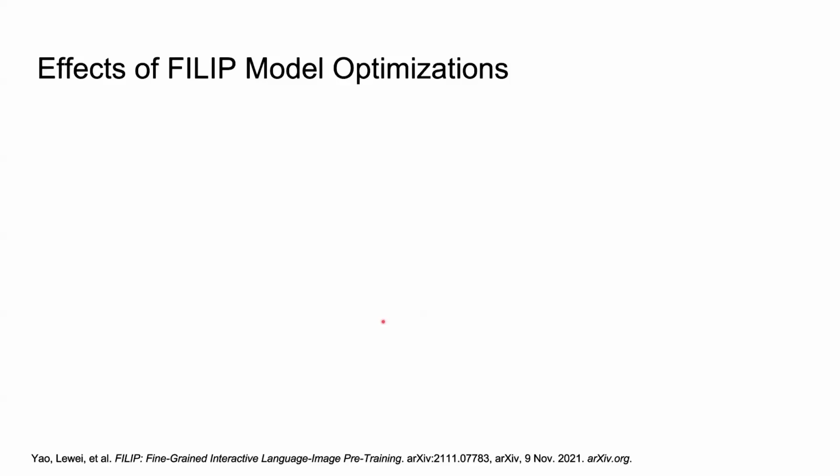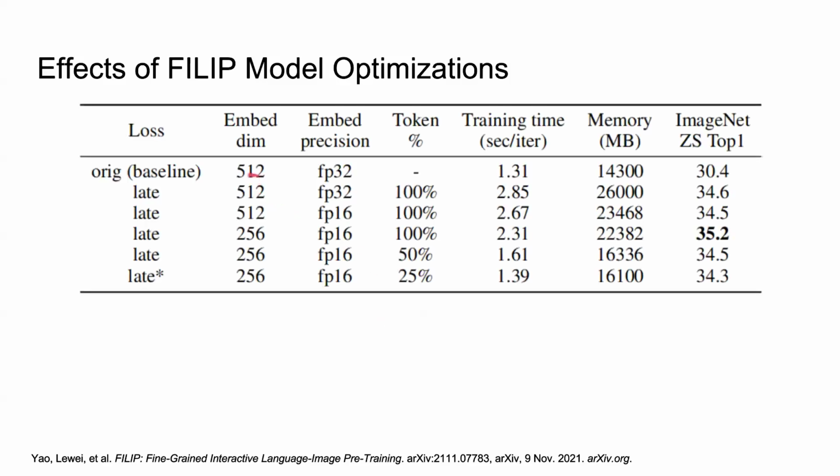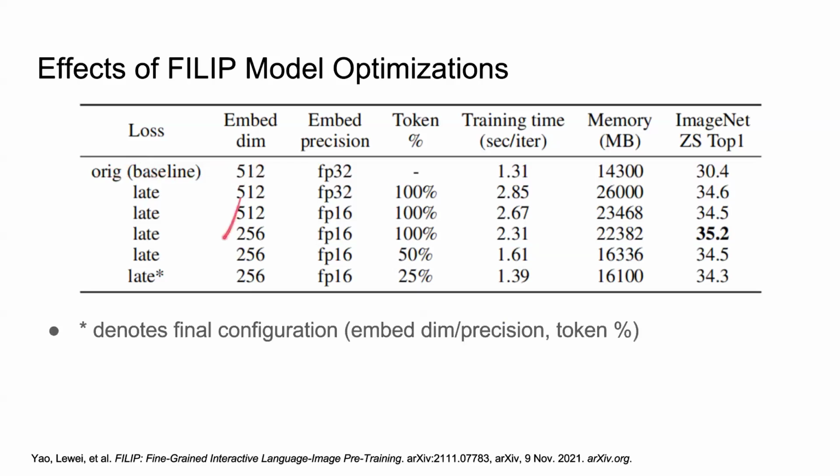So then what's the effect of this if you take only 25% of the tokens? The original is your baseline, this is CLIP. And the asterisk here denotes the final configuration that FILIP uses. We can see a difference here: embedding dimension is reduced to 256, embedding precision 16-bit, and 25% of the tokens.